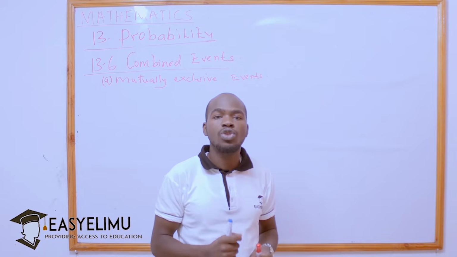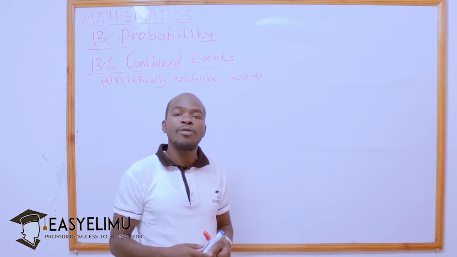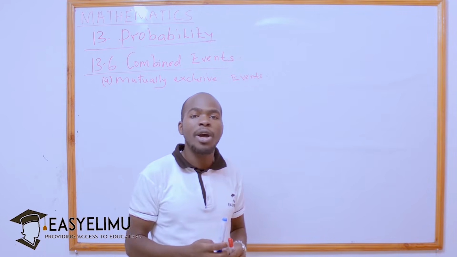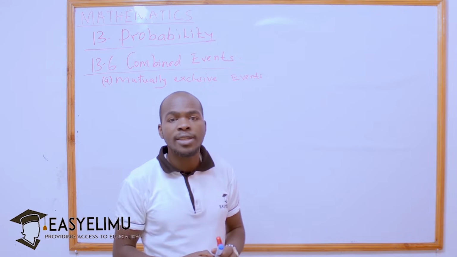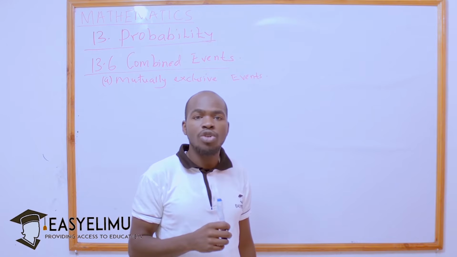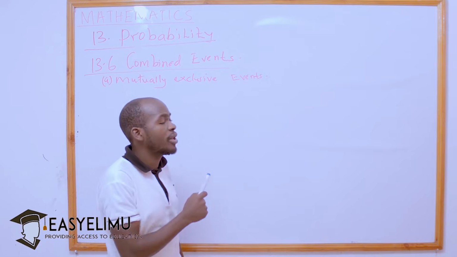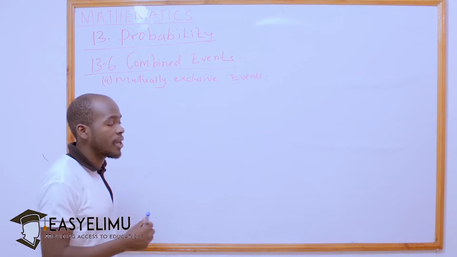The same applies to tossing a dice. If you toss it, and the faces have been numbered 1 to 6, you will find that there is only one chance that one of the faces will show up. Not all of the faces will show up. So that is how we determine mutually exclusive events.